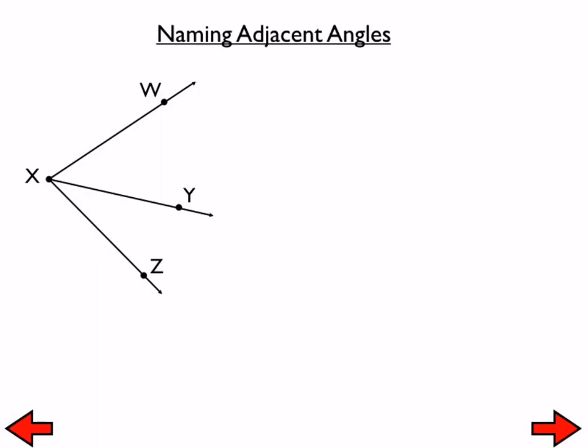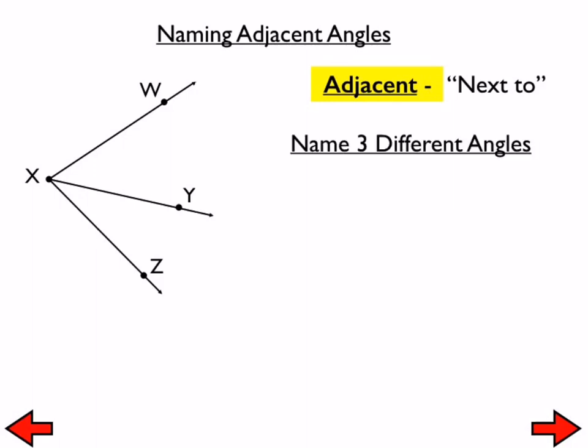The new stuff starting today would be adjacent angles. So an adjacent angle, adjacent in English means, and this is where we start filling things in, next to. So in this picture, we have two angles that are right next to each other. And what that leads us to is the fact that there really are three angles in this picture. One angle is this angle right here, which is angle WXY.